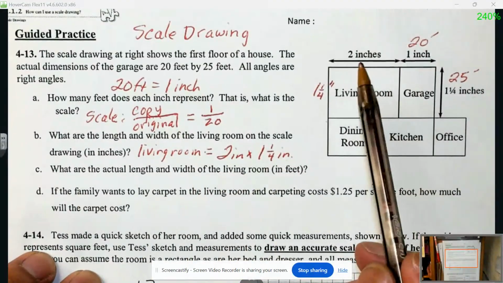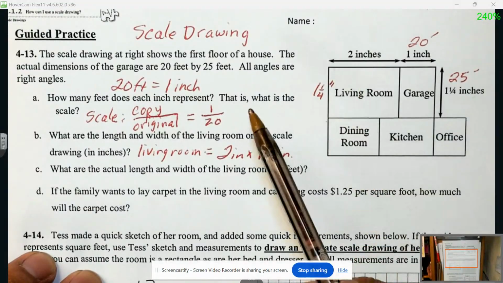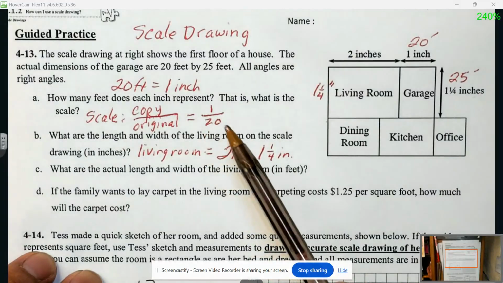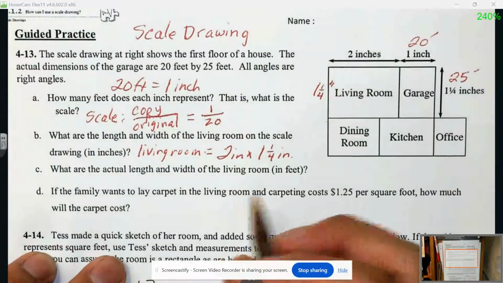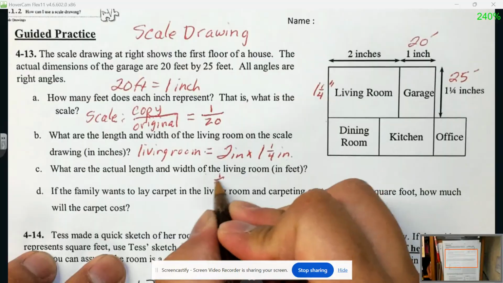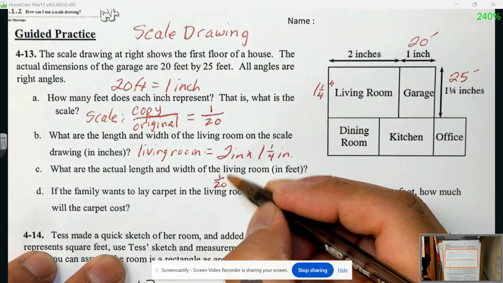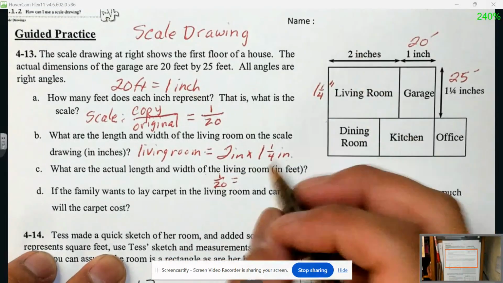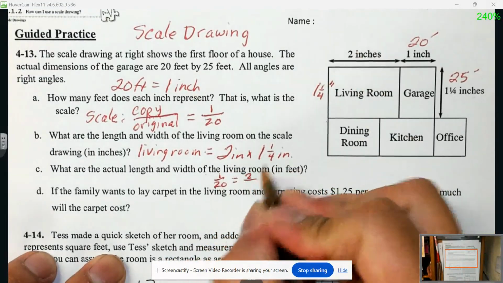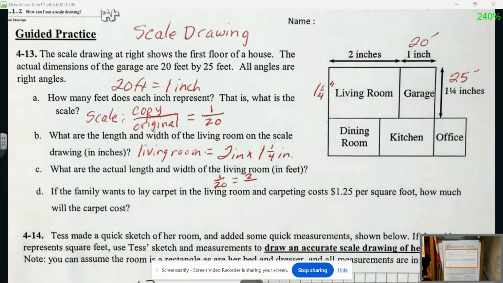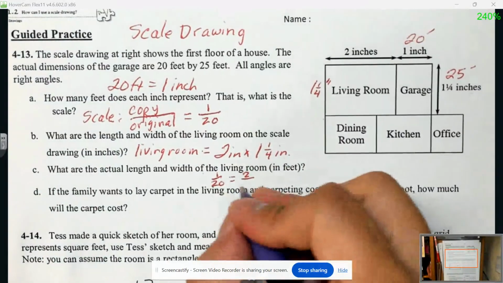So the living room is 2 inches, and we know that the scale is 1 to 20, right? So that means that since it's 1 to 20, 1 being the inches, 20 being the feet, we need to find out, well, what's 2 inches? So we can just use our giant 1 to 2, and that would give us a measurement of 40.